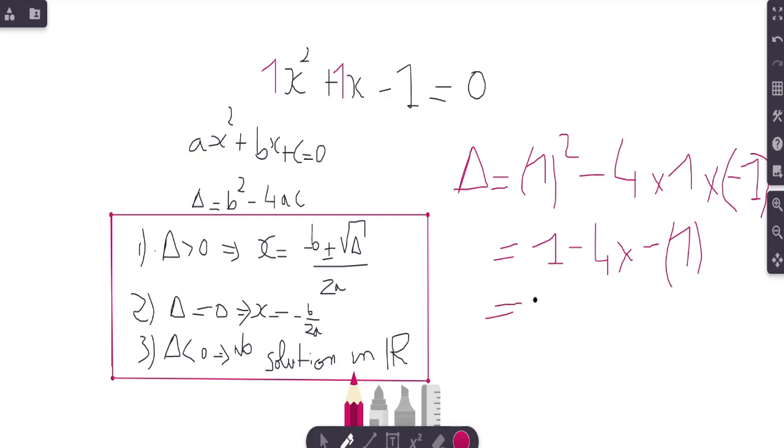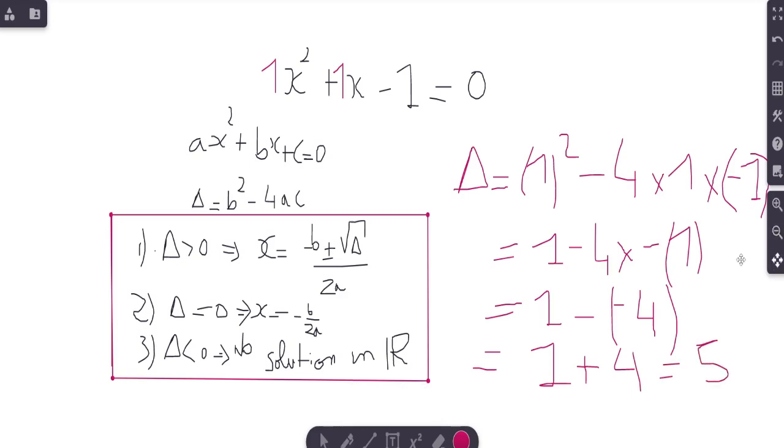So it's 1 minus minus 4, okay, which is 1 plus 4, which is 5. So delta equals 5.